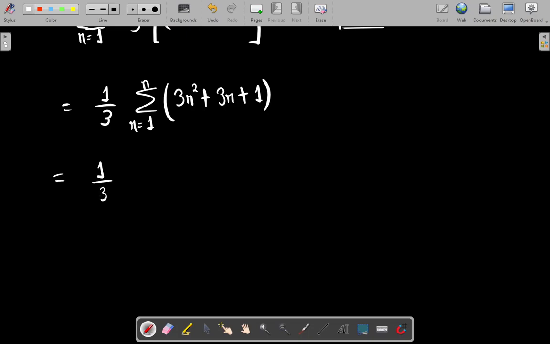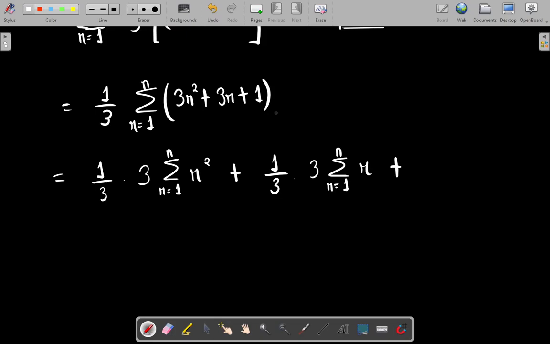Now if I write this separately, this will become 1 by 3 times, this 3 will come out, summation of r square as r goes from 1 to n, plus 1 by 3 times summation r as r goes from 1 to n, and this will be summation of 1, n times, so this will be just n upon 3.